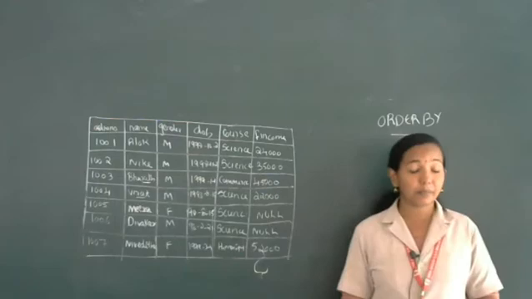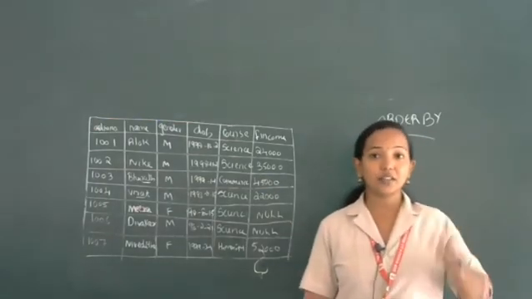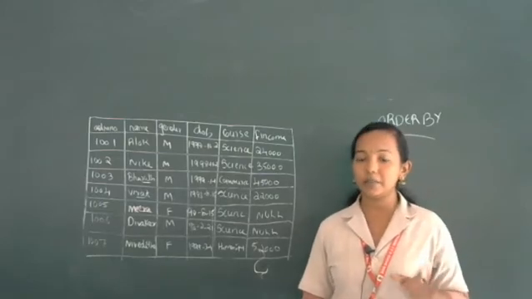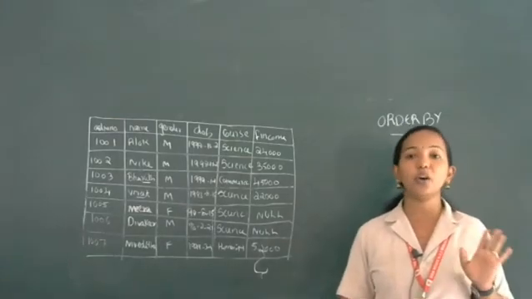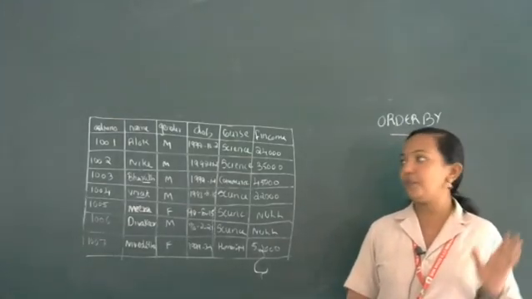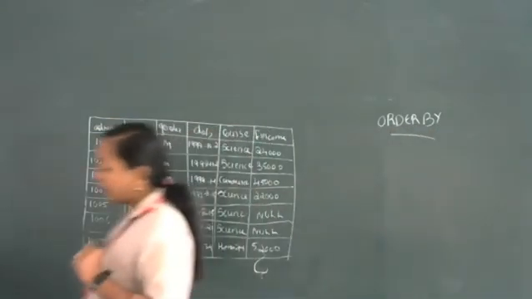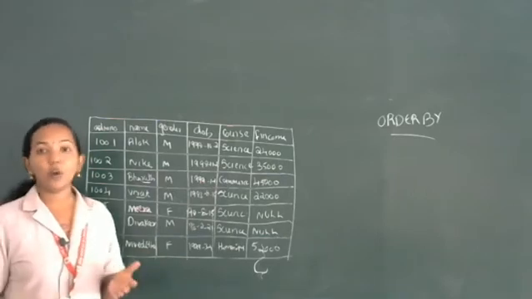So for what are we using the ORDER BY clause? We use it along with the SELECT command to arrange the values in a particular order. The name indicates ordering in alphabetical order, ascending order or descending order. Suppose I want to arrange them in alphabetical order of names.